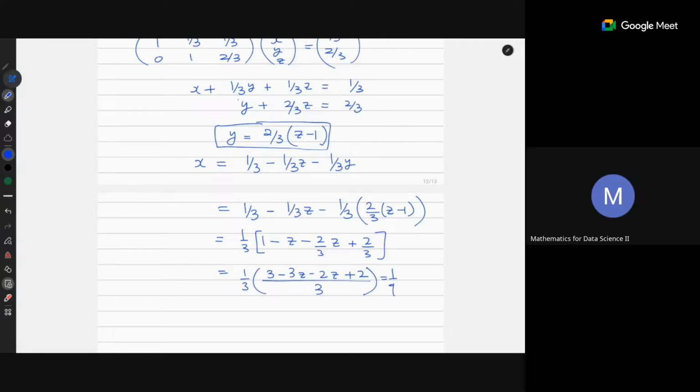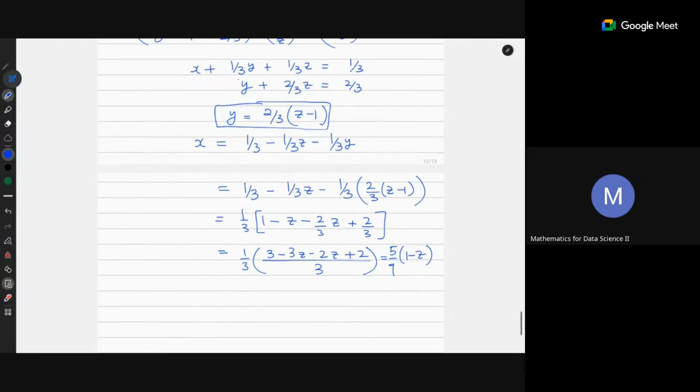It will give you 1 by 9, and I can take 5 out, 5 times 1 minus z.